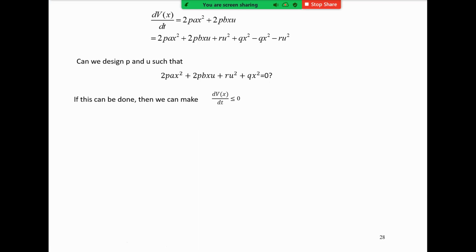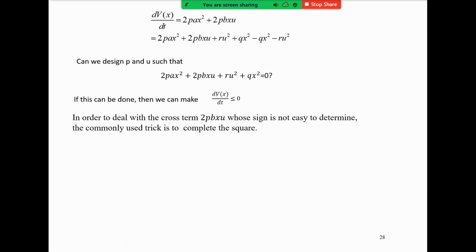Now, in order to deal with this X times U, it's very hard to decide whether it's positive or negative. But we want to put it into the form of a square of something.